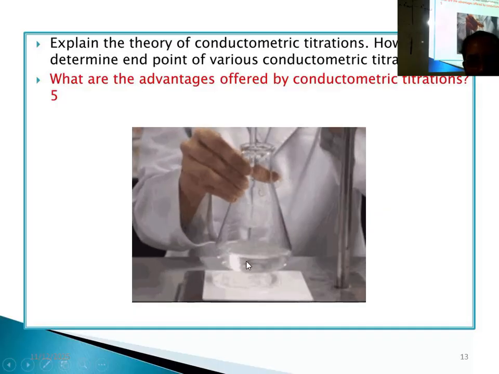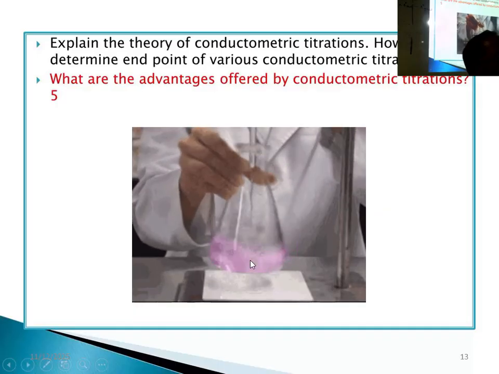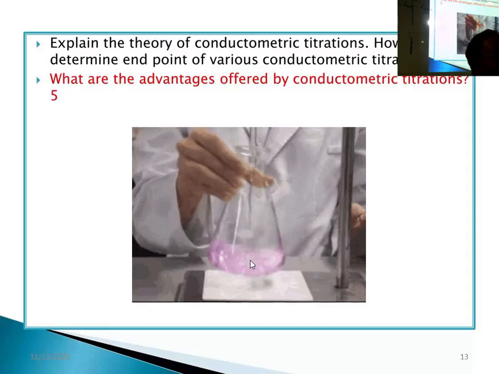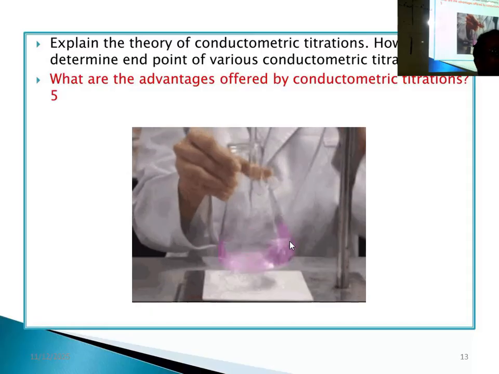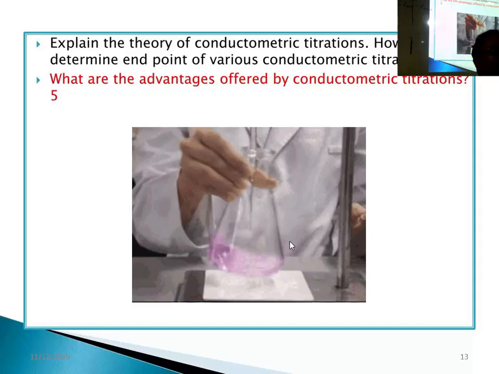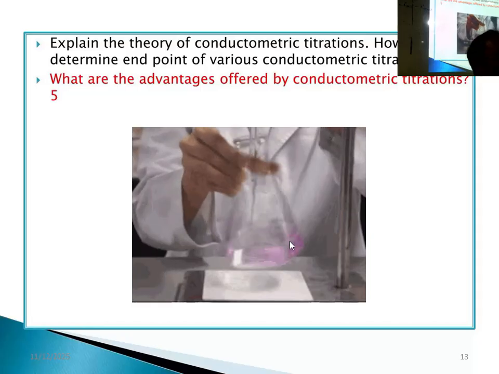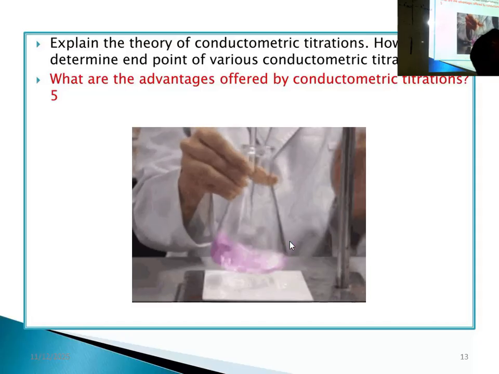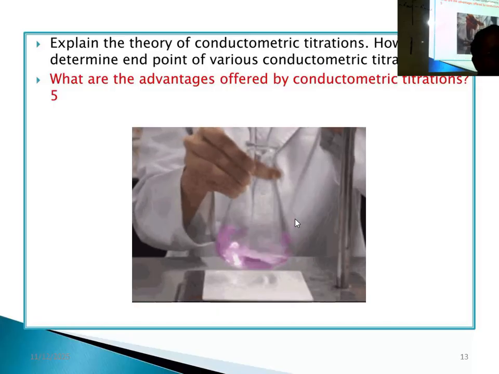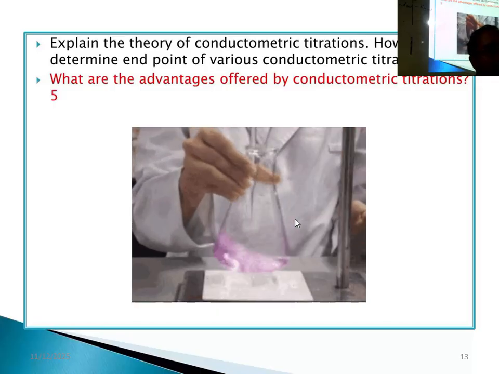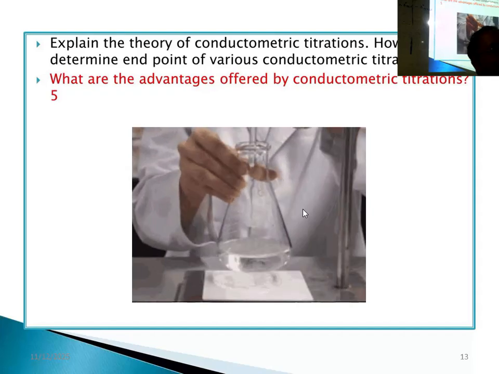Do you remember why the color is changing? Phenolphthalein, but why does the color change happen? I told you already. In aqueous medium, if you add phenolphthalein, in acidic medium it is colorless, and in alkali medium it is pink. Because in acidic medium you have phenolic rings, not pH, phenolic rings.